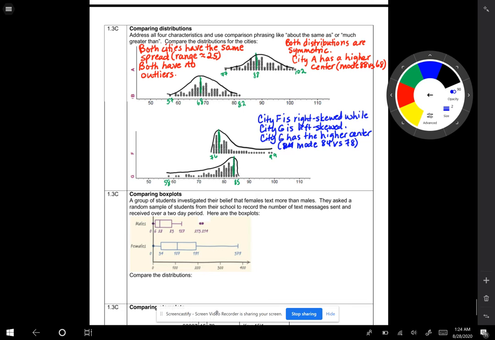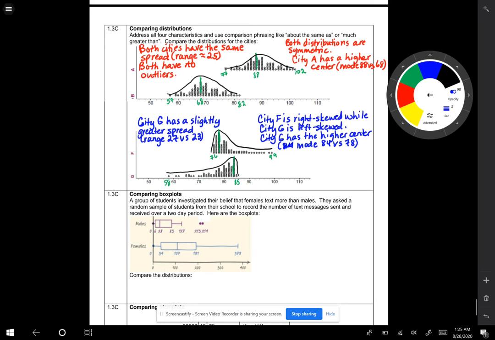City F has a range of 23 and City G has a range of 27. So pretty similar. So City G has a slightly greater spread. Range 27 versus 23.